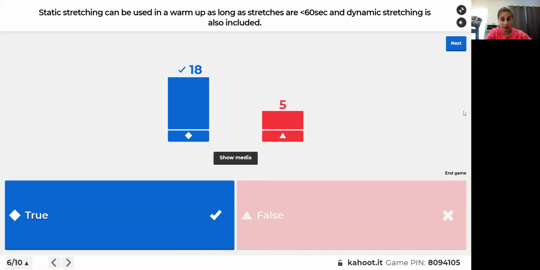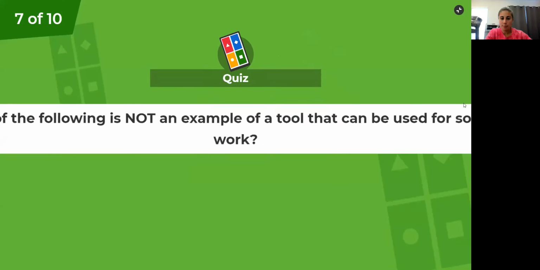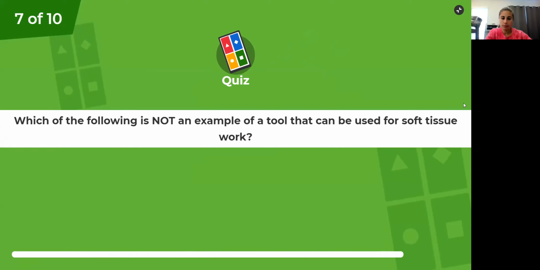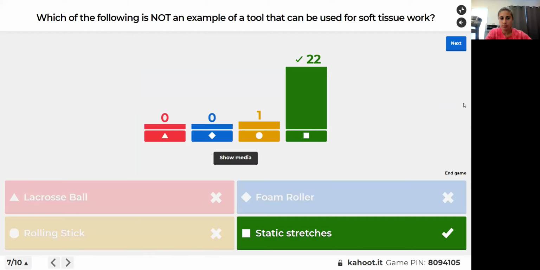Good, specific, right? So we're preparing ourselves for the activity or sport. It is true. You can use static stretching. You're allowed. Pretty straightforward.